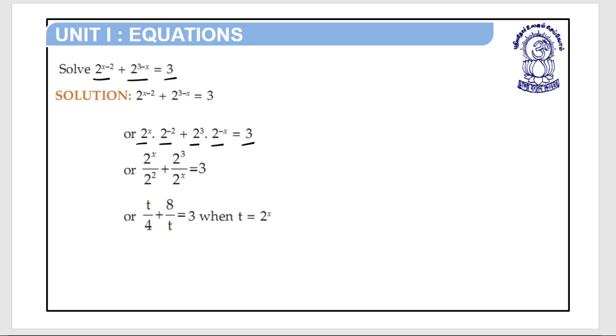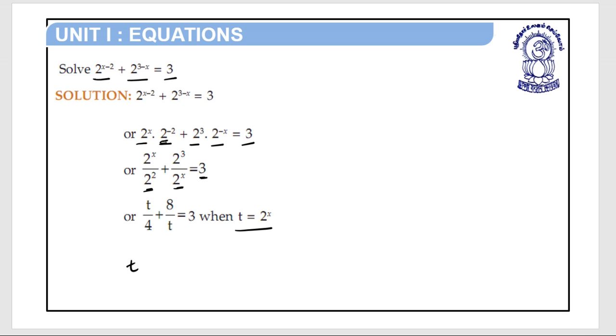So 2 raised to x, 2 raised to minus 2 we write in the denominator, so 2 square, plus 2 cube upon 2 raised to x is equal to 3. Take t is equal to 2 raised to x. So t by 4 plus 8 by t is equal to 3.